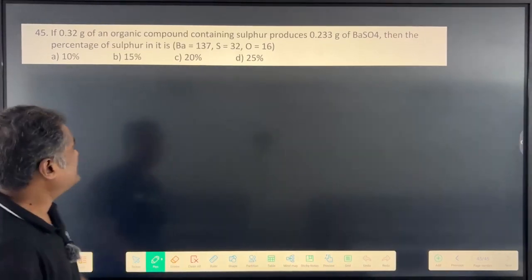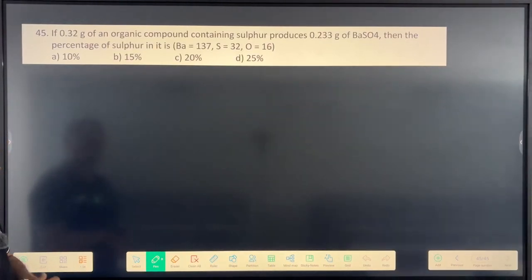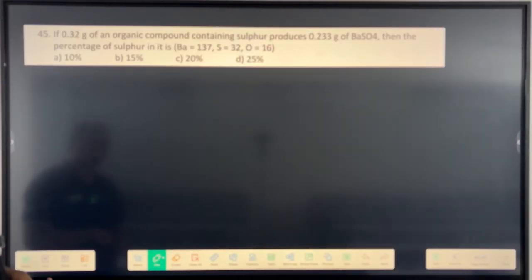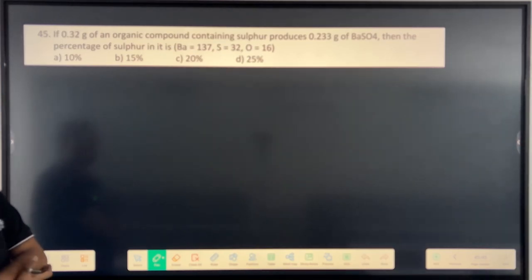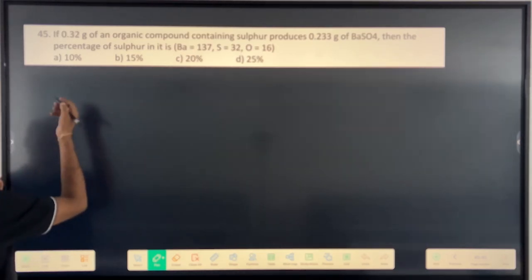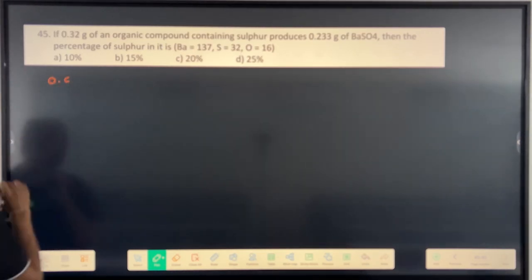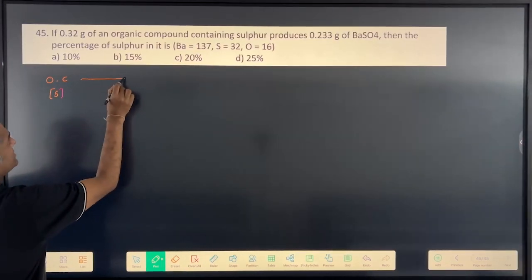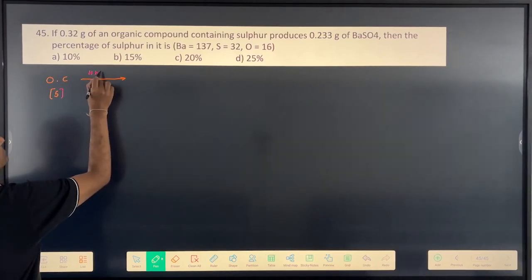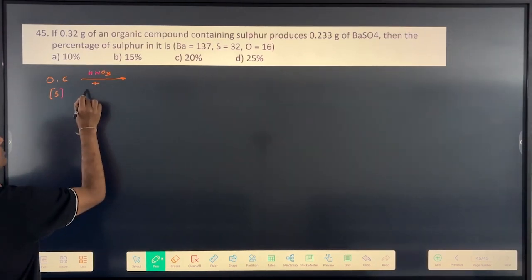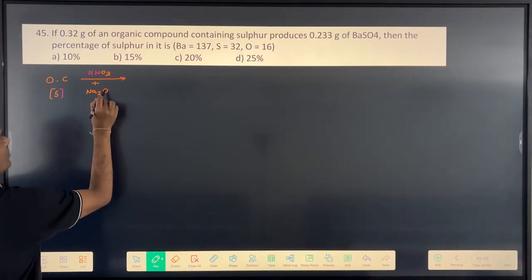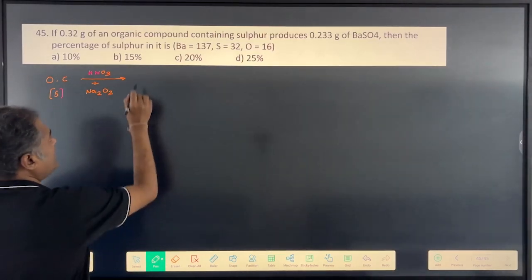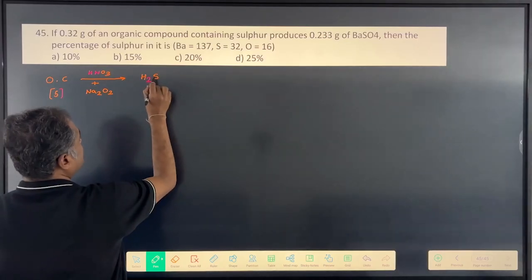Now here is one of the examples which we have. If 0.32 grams of an organic compound containing sulfur produces 0.233 grams of barium sulfate, then the percentage of sulfur in it is what? Now wait, first of all, what is the basic reaction? Let's take an organic compound which contains sulfur. When this compound is treated with nitric acid and sodium peroxide, the sulfur gets oxidized to give sulfuric acid.